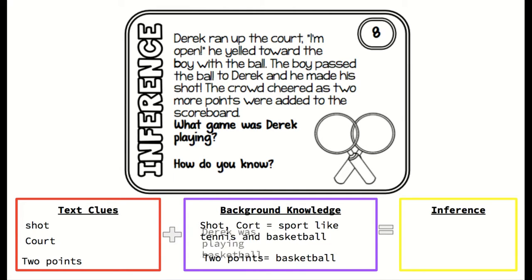My inference is that Derek was playing basketball. It didn't say in the text that Derek was playing basketball, but using those little key words in the text clues and taking what I already know, I can put that all together to figure out that he was playing basketball. So we just made an inference.